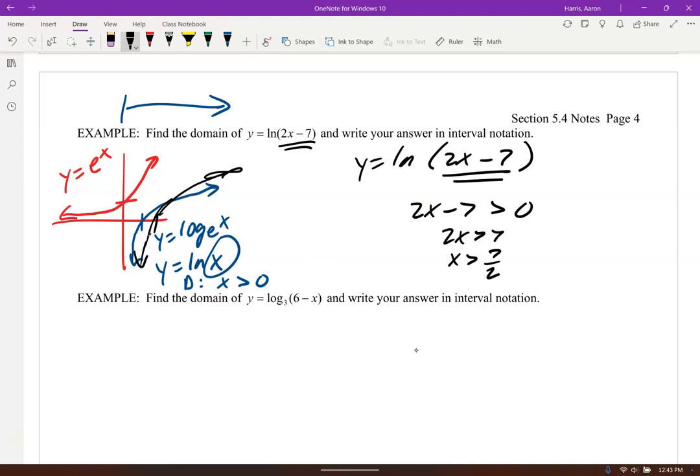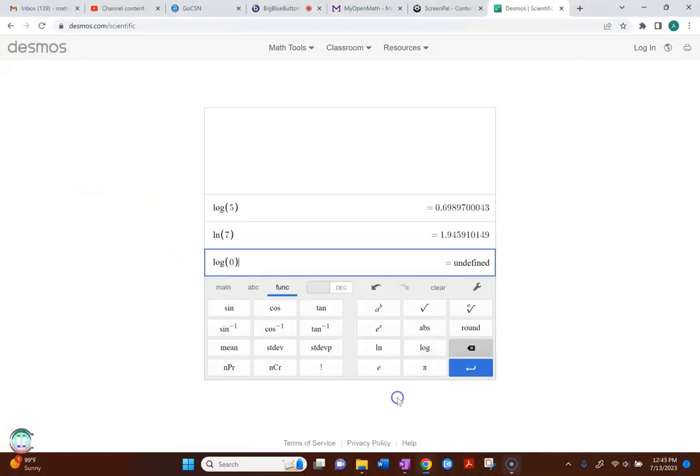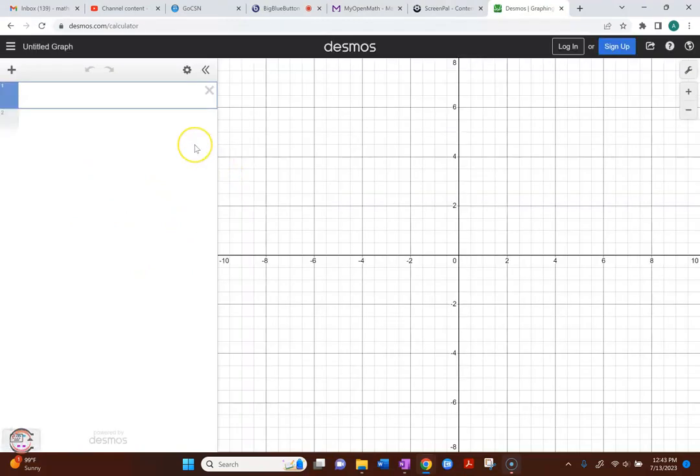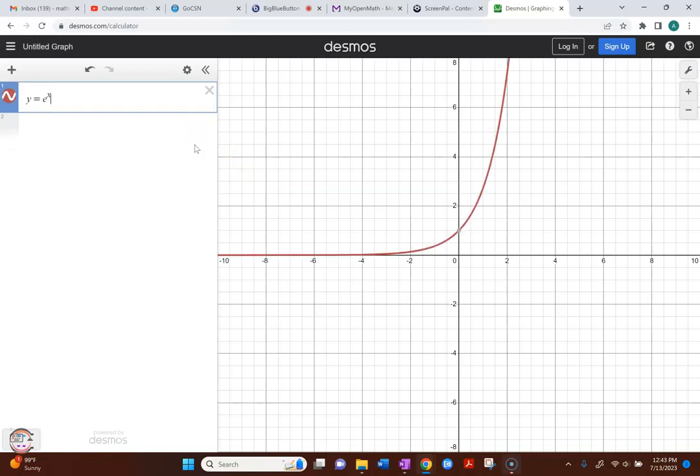In fact, let's take a look at that graphically so you can kind of see that on a graphing calculator. Here's e to the x, and here's log base e, or the natural log of x.